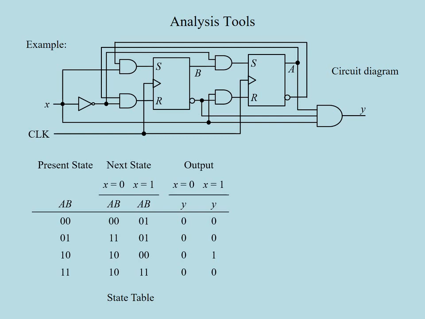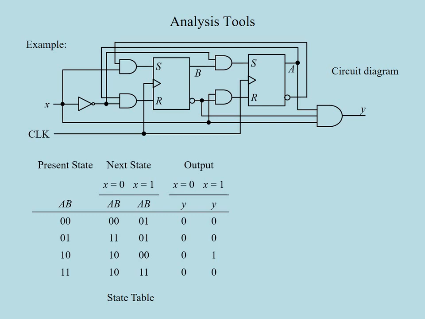For example, if input X is given as 1 and the present state of the circuit is specified as A equals 0 and B equals 0, by following the interconnections in the circuit, we can see that the S input of flip-flop A turns out to be 0, whereas the R input is 1. That means the A flip-flop will be reset, that is, keep its 0 state in the next clock cycle.